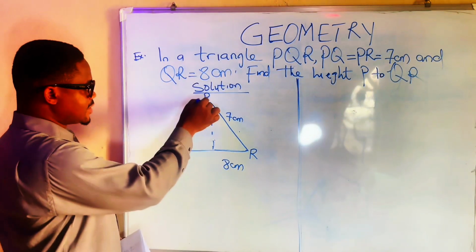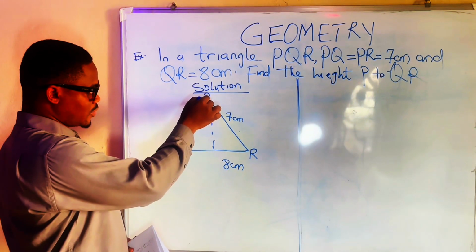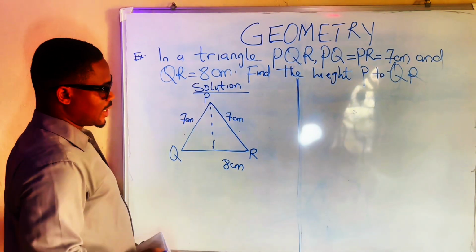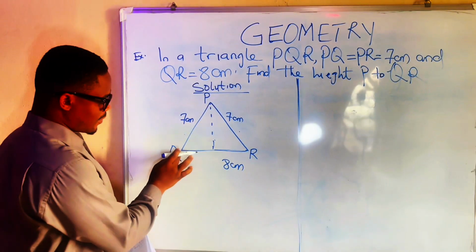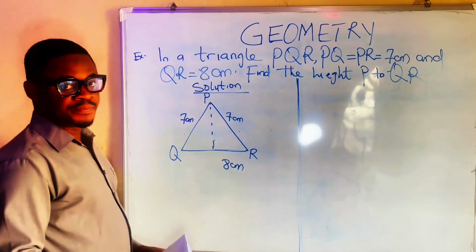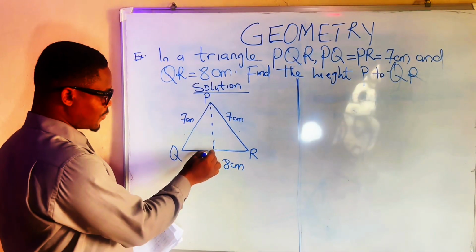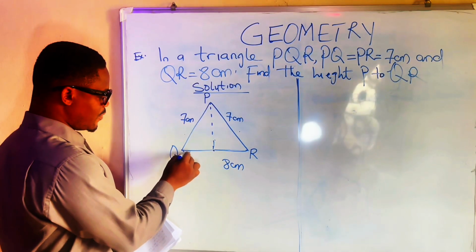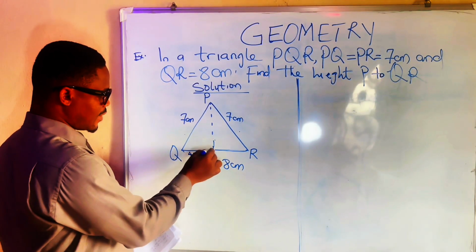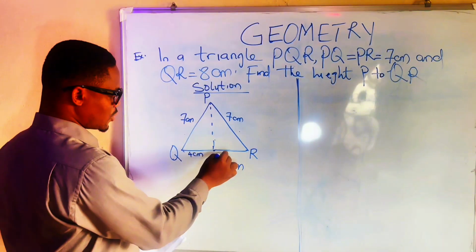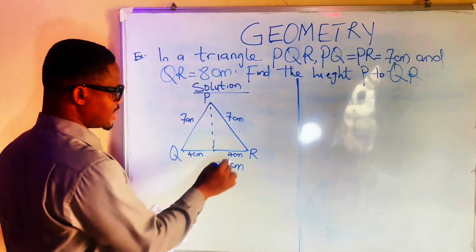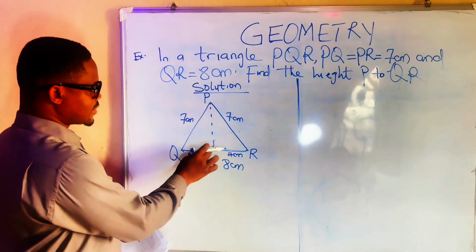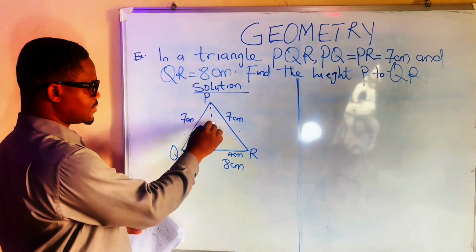So if I divide this triangle into two equal parts, since from this point to this point is 8 cm, it means that from this point down here will be 4 cm, and from this point to this point will also be 4 cm, making 8 cm. So what we are asked to find is this height. We can call it h.